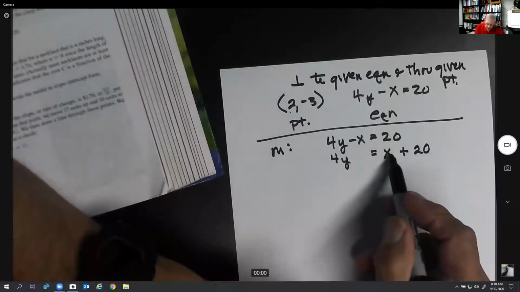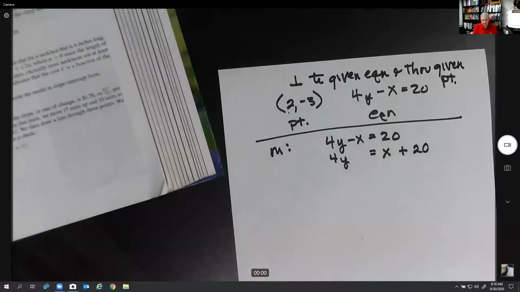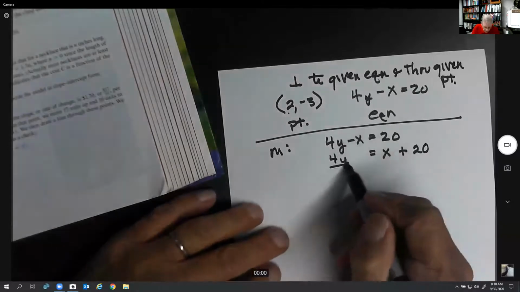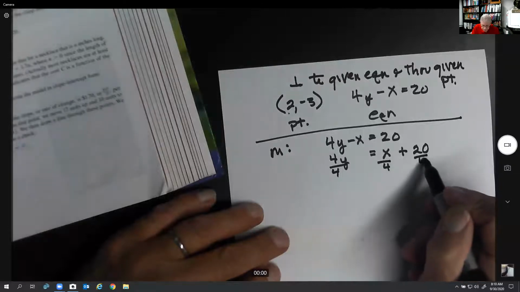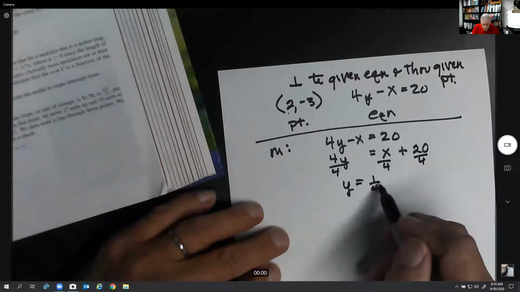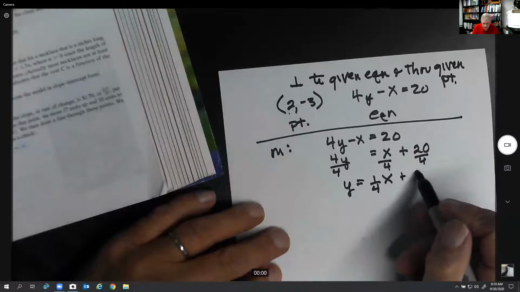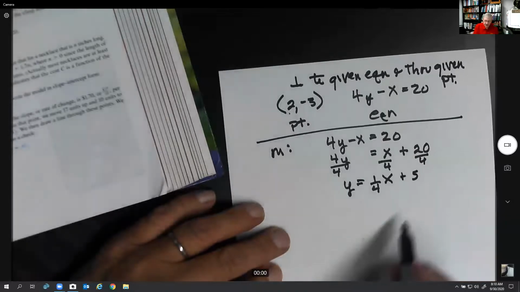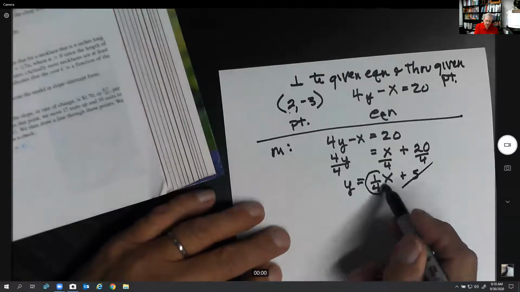Add a positive x to both sides. Now we're going to divide everything by 4. Write that as 1/4 x plus 5. We're not concerned with the 5. Cross that off. We're concerned with this slope right here.